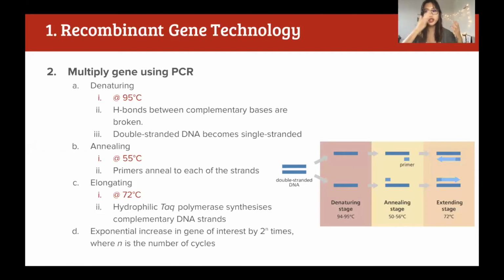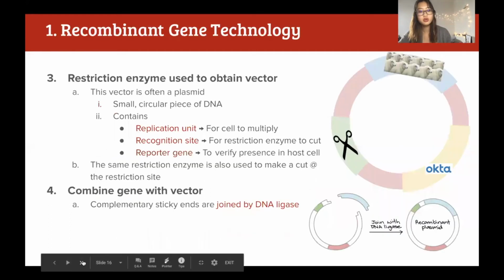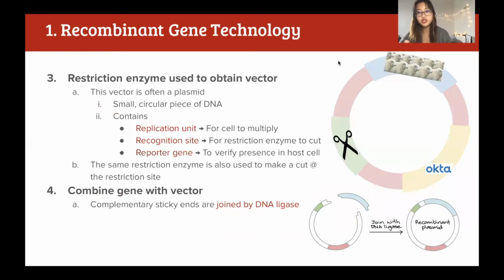And you can calculate the number of copies of the gene you have at the end by taking 2 to the power of n, where n is the number of cycles that you have gone through for PCR.